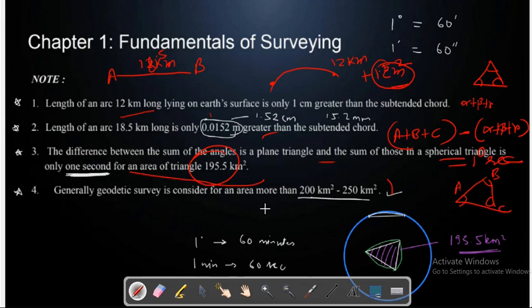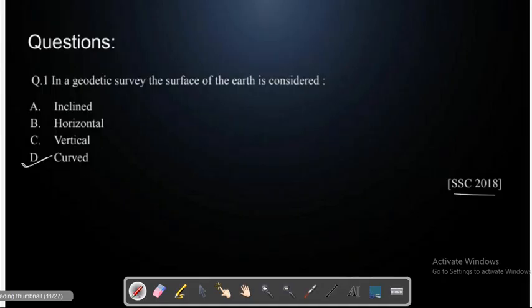Generally geodetic surveying will be considered when the area is more than 250 km square. That is very, very important. So up to 250 km square we only go with plane survey, but beyond 250 km square, or beyond 260 km square, we will go for geodetic surveying.